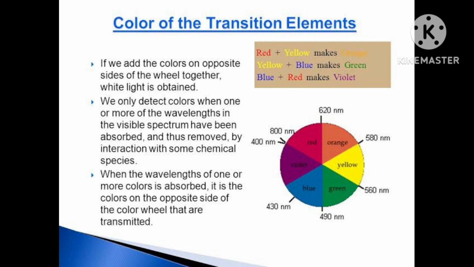Thus, the observed magnetic moment gives a useful indication. What is the importance of mu? Magnetic moment gives a very useful indication about the number of unpaired electrons present in the atom.